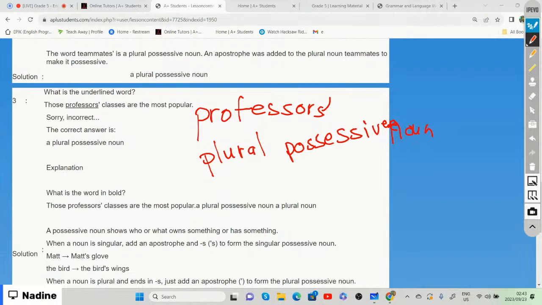And that shows, firstly, it is more than one person, more than one thing that we are actually talking about. So it's a plural possessive noun. And plural possessive shows more than one.